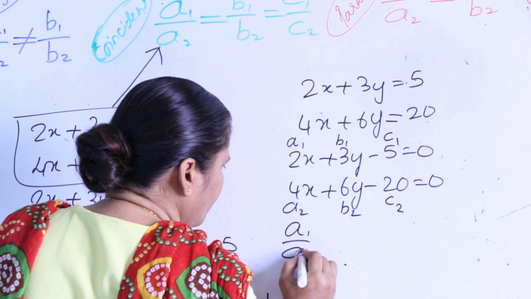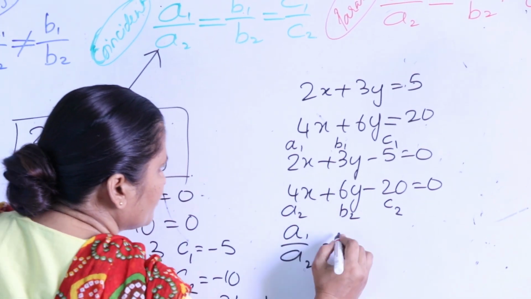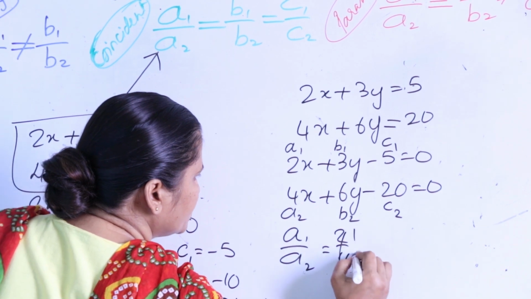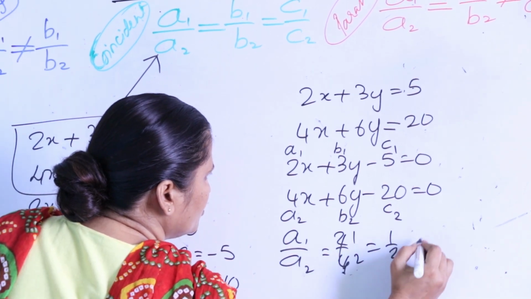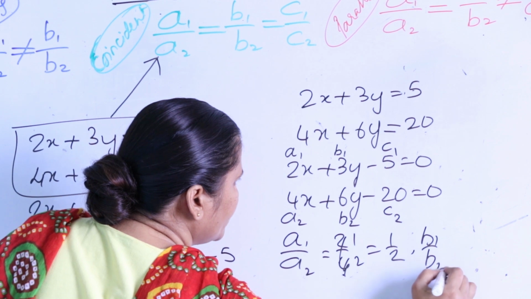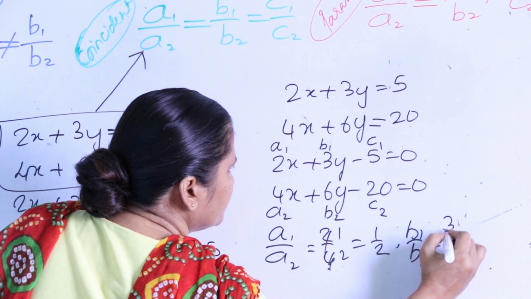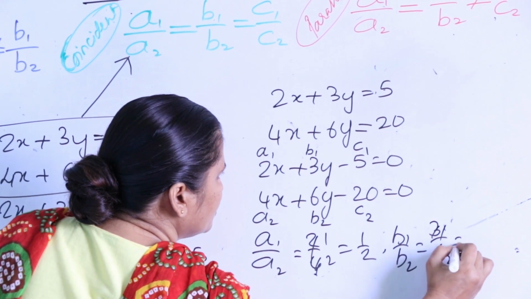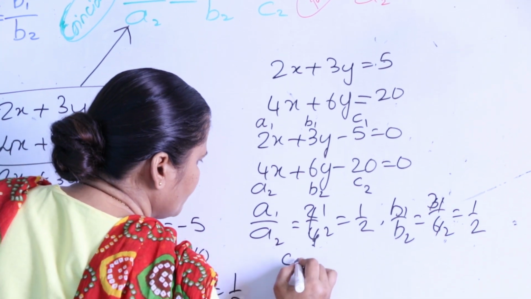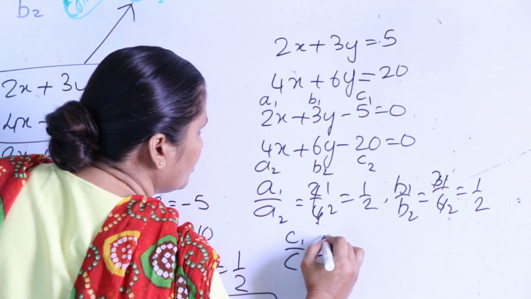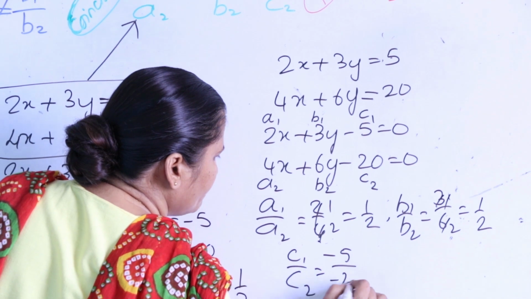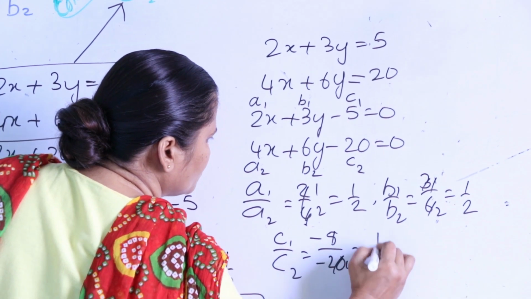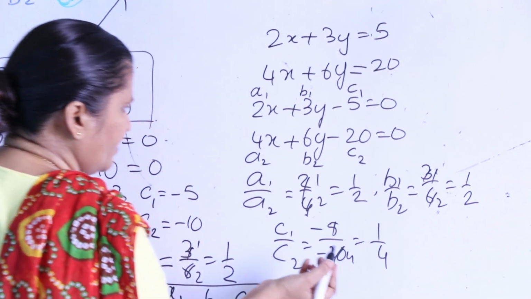So what is a1 by a2 for us? 2 by 4, which is 1 by 2. What's b1 by b2? Quickly it is 3 by 6, which is 1 by 2. c1 by c2 is equal to minus 5 by minus 20, which is 1 by 4. So what do we understand?